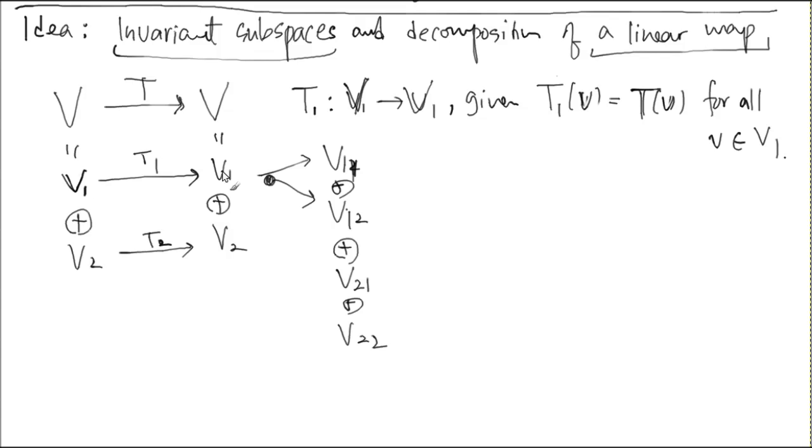We can still split this V1 into smaller pieces such that the same old map T takes V11 into V11, you see what I'm trying to say. So they would keep trying to do this until they can't do it anymore. All right, that is the idea of a decomposition.